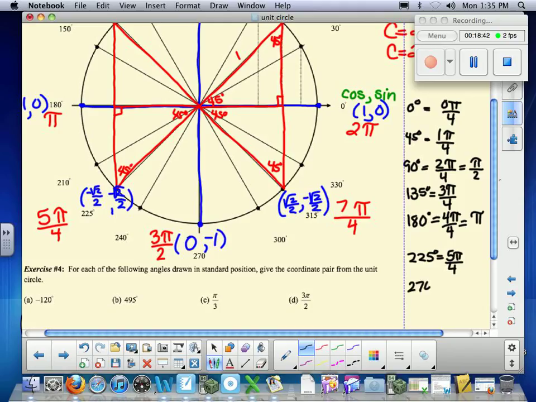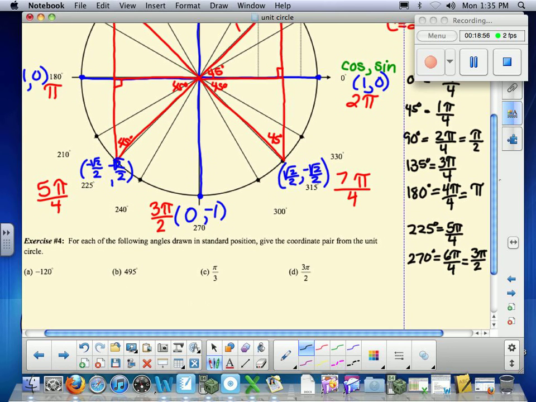At 270 degrees, I am at 6 pi over 4, which reduces to 3 pi over 2. At 315 degrees, 7 pi over 4. 360 degrees, 8 pi over 4, which we know is 2 pi.